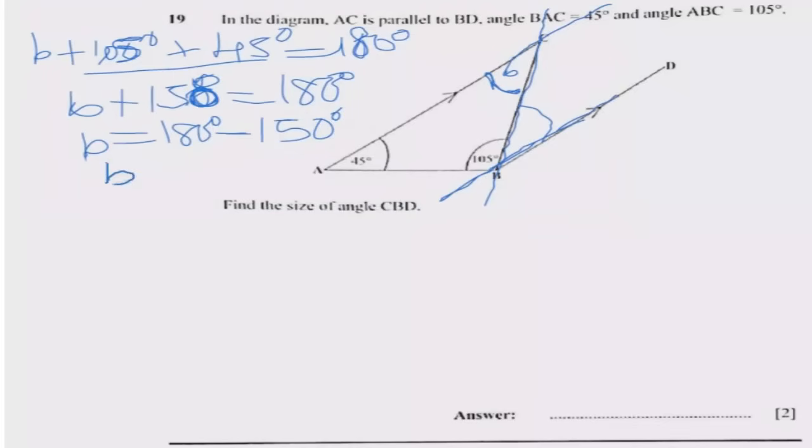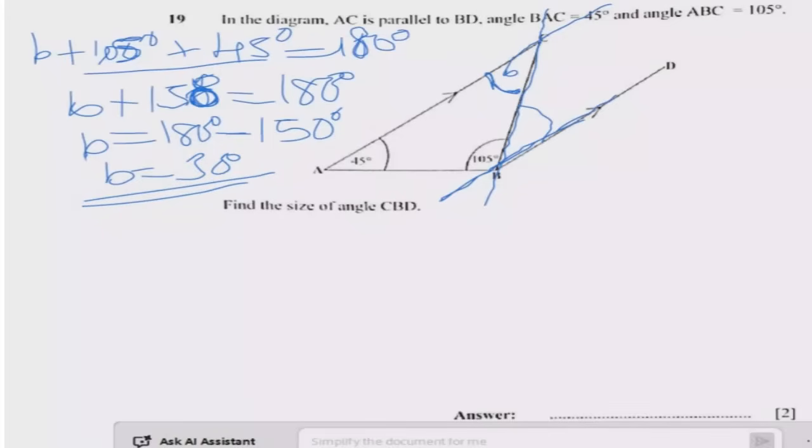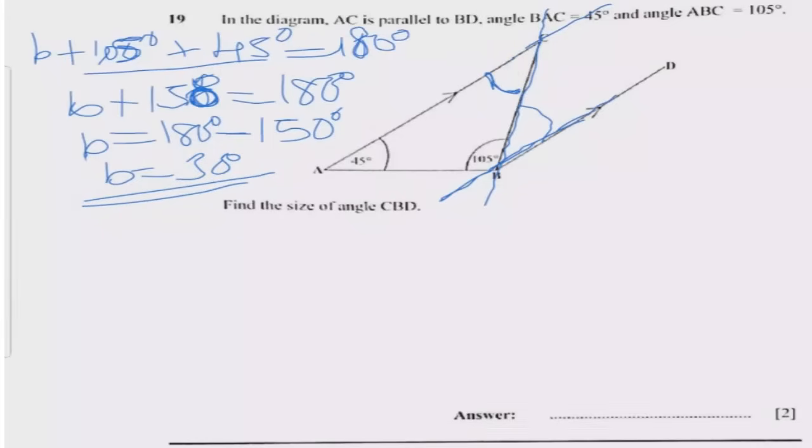Then B is equal to 180 minus 150, which gives us 30 degrees, and that is the value of B. So where there is B, we are going to put 30 degrees.